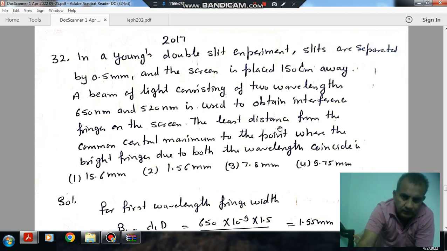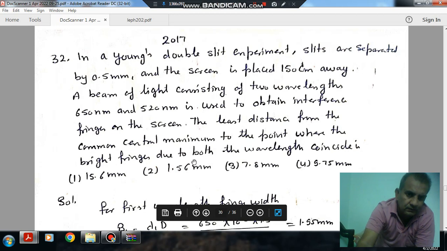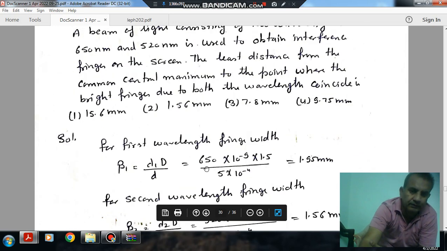The least distance from the common central maximum to the point where the bright fringes due to both the wavelengths coincide is: option 1, 15.6 mm; option 2, 1.56 mm; option 3, 7.8 mm; option 4, 9.75 mm.